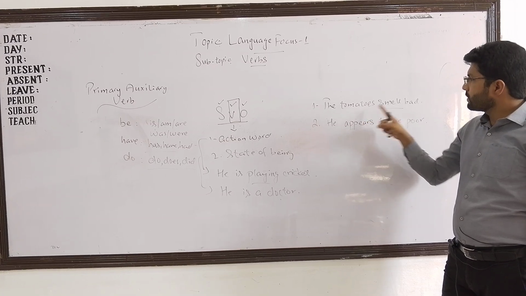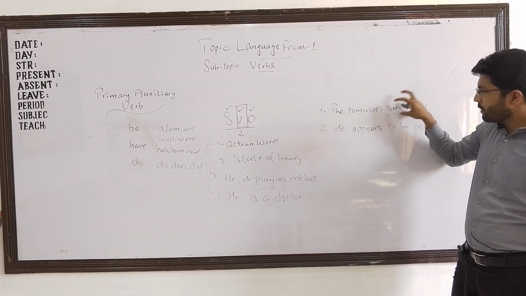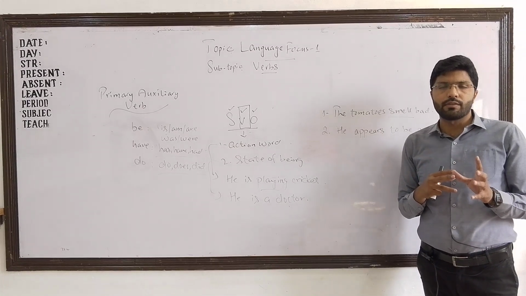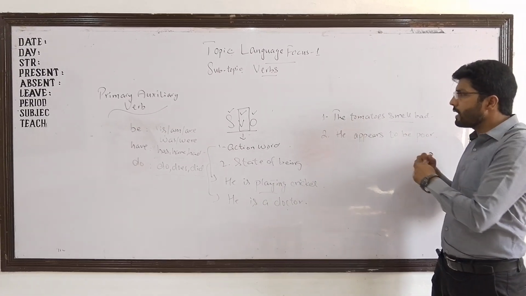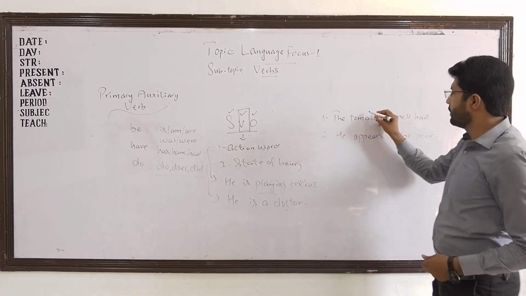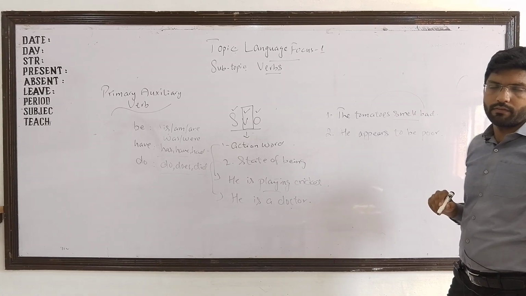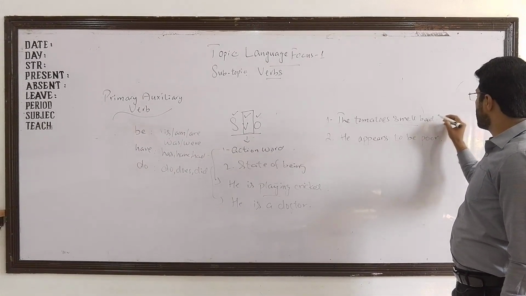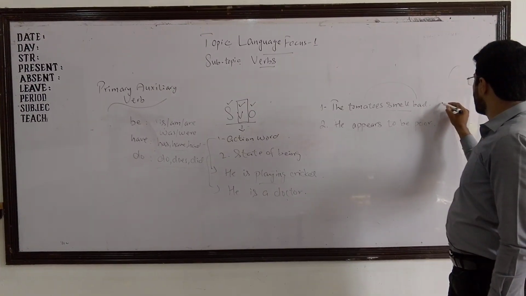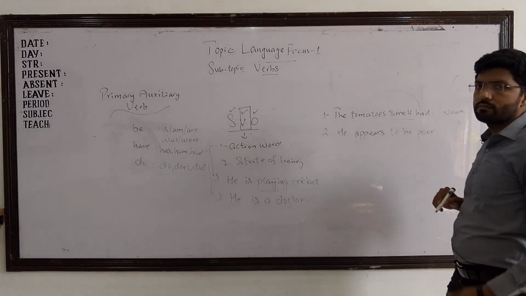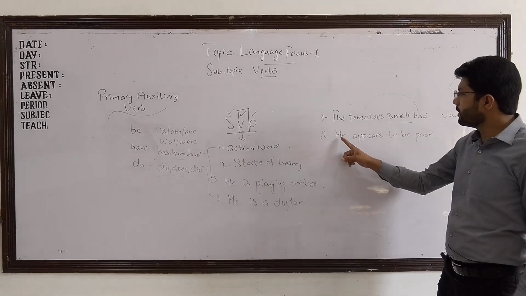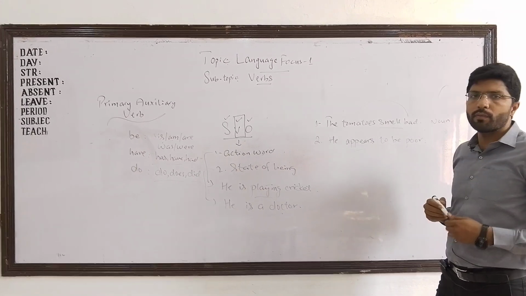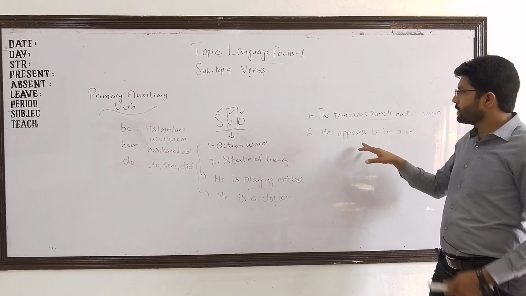In the tomatoes smell bad, the word smell is not performing any particular action, but it's showing a link between the subject and an adjective. It may create a link between the subject and an adjective or a noun as well. Similarly, over here, he appears to be poor. The word appears is not performing any action.